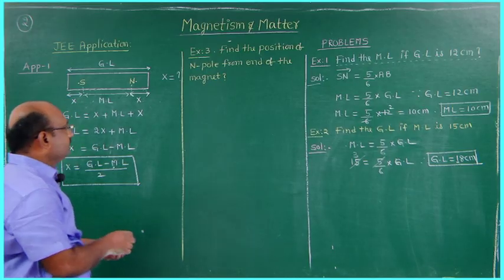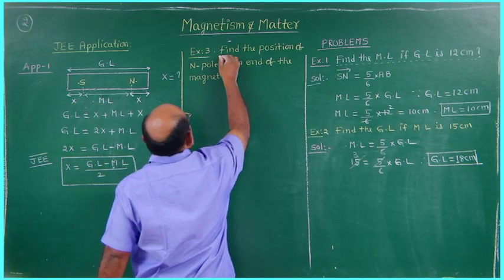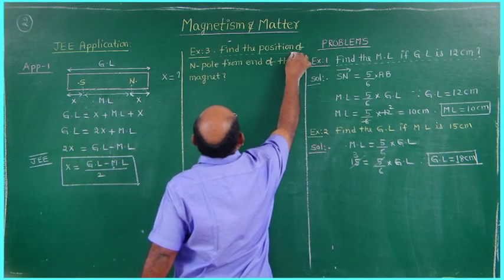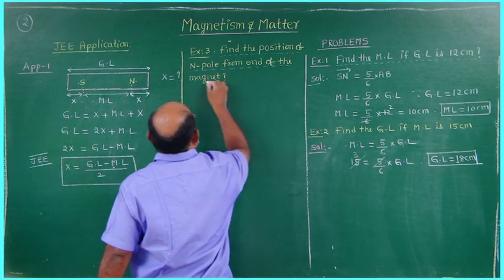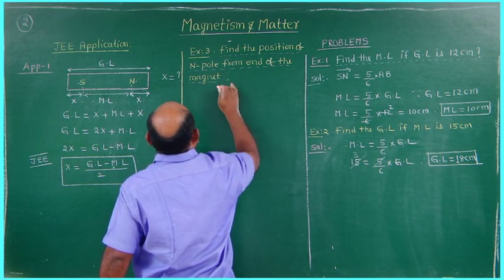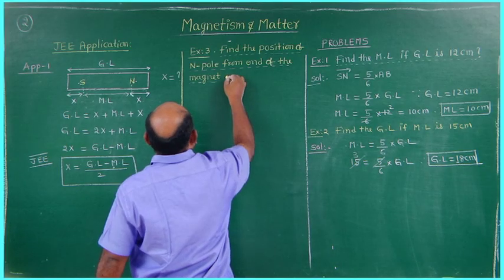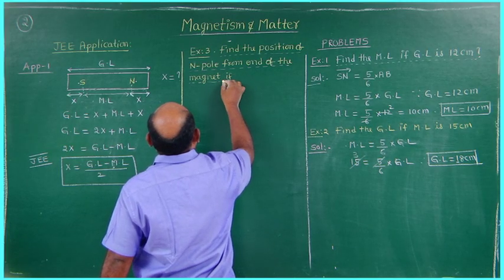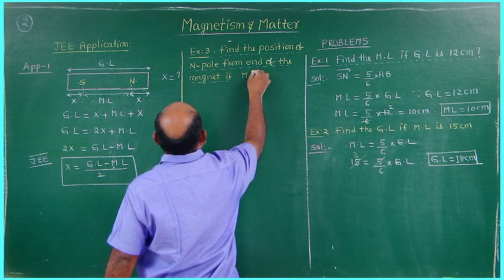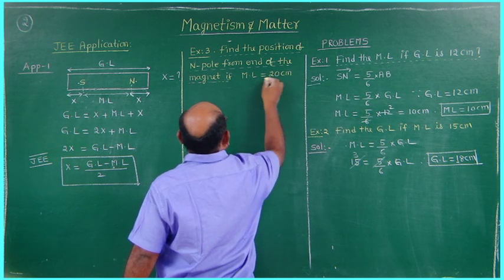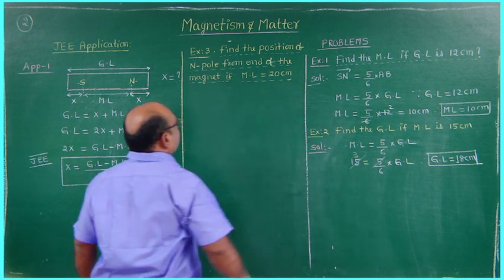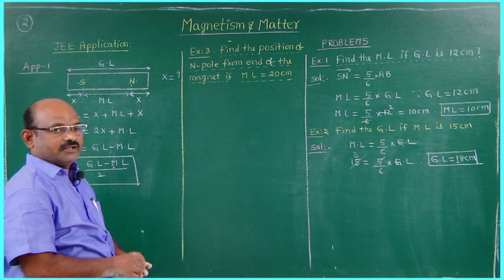That is the given question. So, find the position of the north pole from the end of the magnet if the magnetic length is 20 centimeter. The given magnetic length is 20 centimeter.